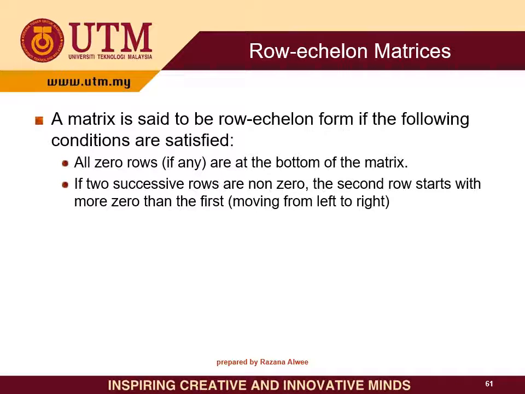If there are, they must be at the bottom of the matrix. If two successive rows are non-zero, the second row starts with more zeros than the first. You must have more zeros from the first one, moving from left to right.